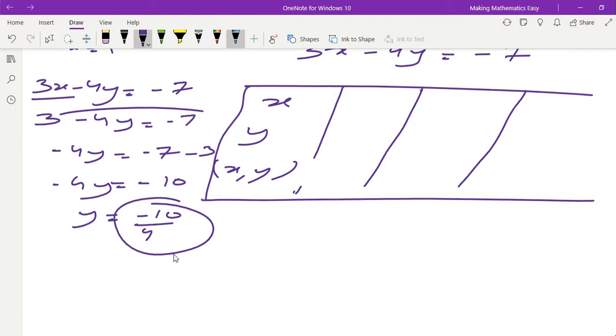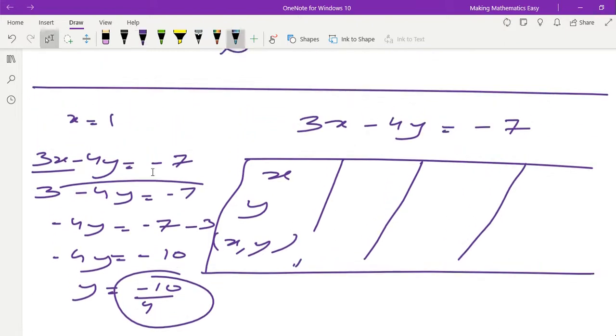So you have to tactfully think how you can make this a whole number. See, if you take x as 1, this will become 3, and when you send it over this will become 10, and 10 is not divisible by 4. If you do it the other way, take y as 1.